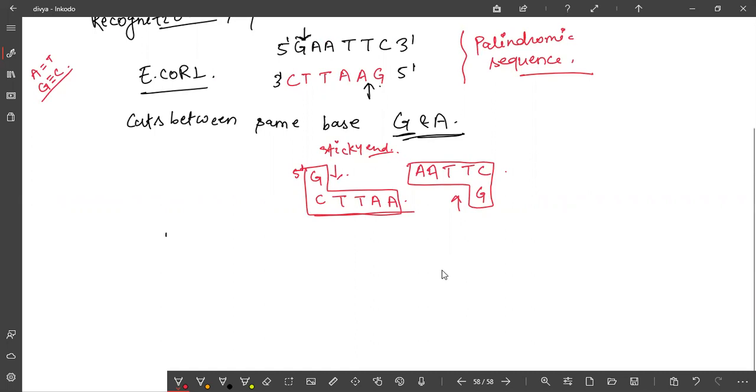Is the palindromic sequence clear to you? Yes, sir. And the sticky end? Yes. Okay. So this is all about restriction endonuclease. And if we discuss restriction endonuclease, it is also of three types.